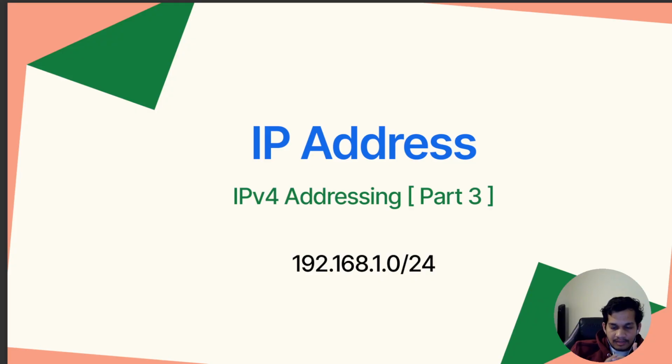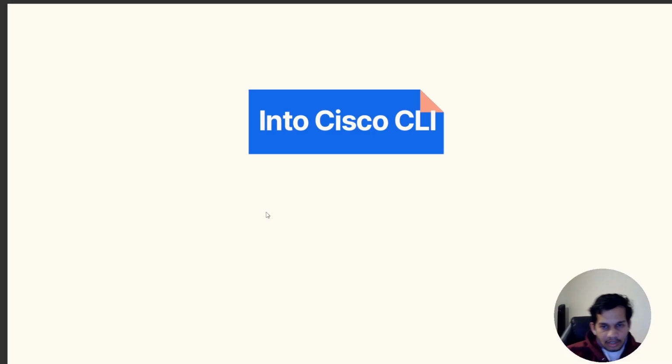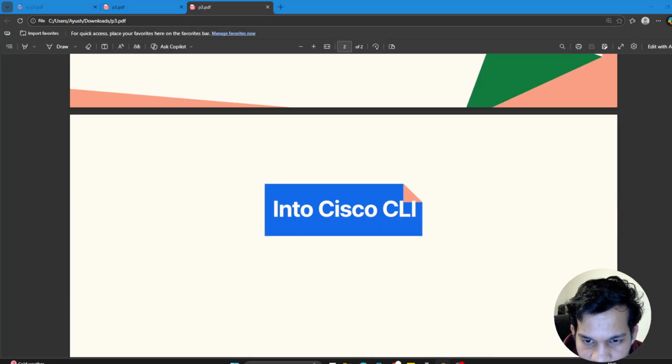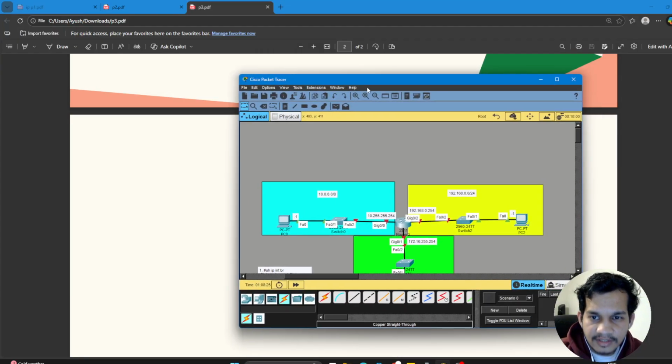Now in this video we are going to see actual Cisco configurations. As I told you in the last video, we'll hop into the Cisco CLI for the configuration. So let's take the same network in Cisco CLI, and this is the network over here.